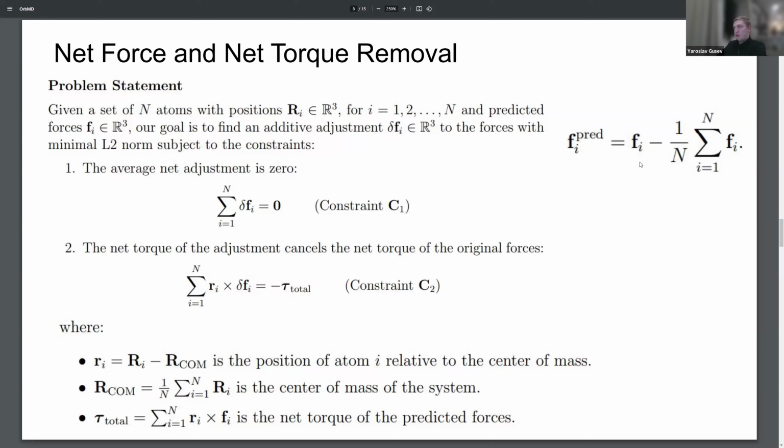For example, perform this removal of net force to make the total force, the sum of all forces, equal to zero, and this is in great correspondence with Newton's third law. For conservative forces, it's correct. So that answers Dan's question. Yes, the sum of all forces is zero.